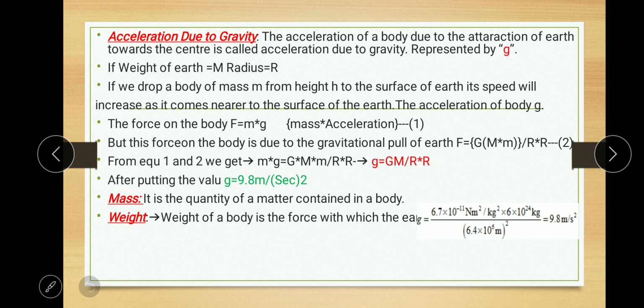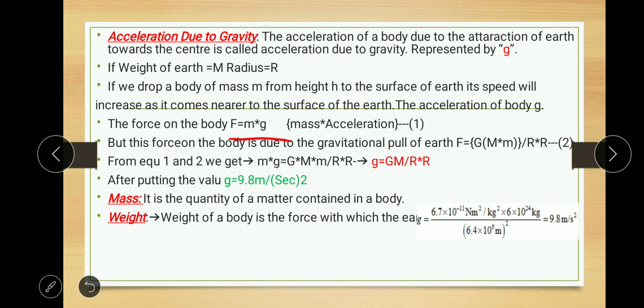If the mass of Earth is capital M and the radius is capital R, and we drop a body of mass small m from height h to the surface of the Earth, its speed will increase as it comes near to the surface of the Earth. The acceleration of the body is g. The force on the body, F, equals mg, where m is the mass and g is the gravitational acceleration. Mass into acceleration. This is also Newton's second law of motion.